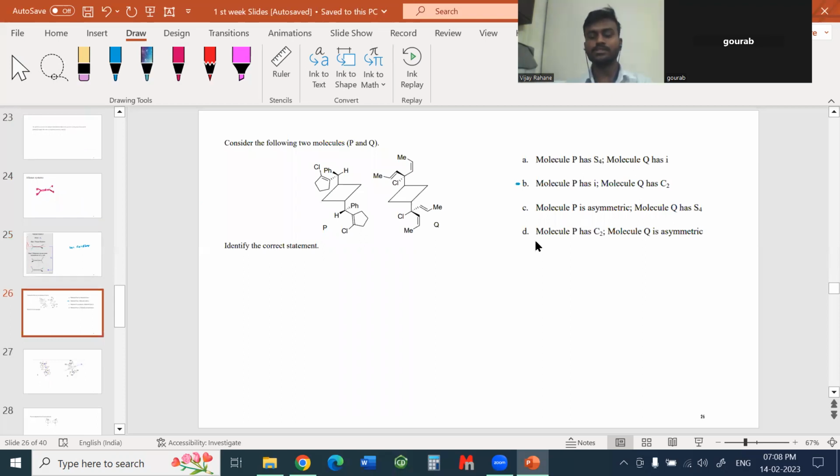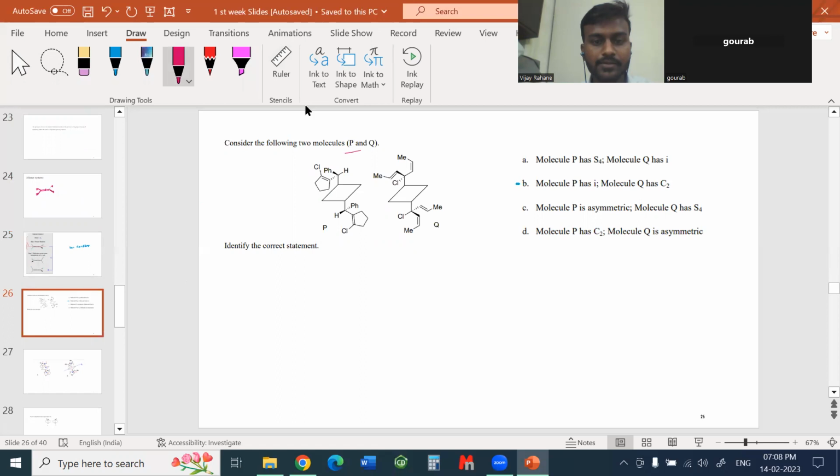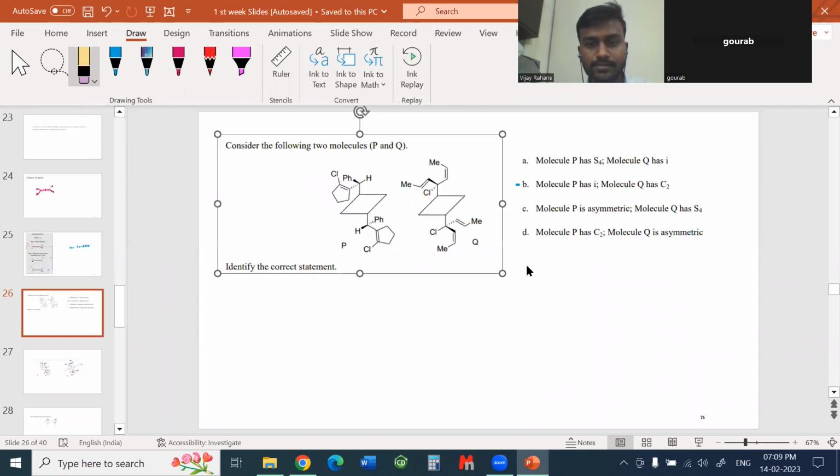Now, see, this one is an interesting question. What have they written? Consider molecules P and Q. They have given two molecules and we must identify the correct statement. So firstly, whenever you see any question, we need to observe the molecule first, right? I'll just make it a little larger.